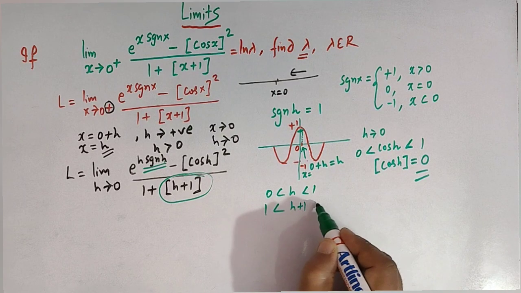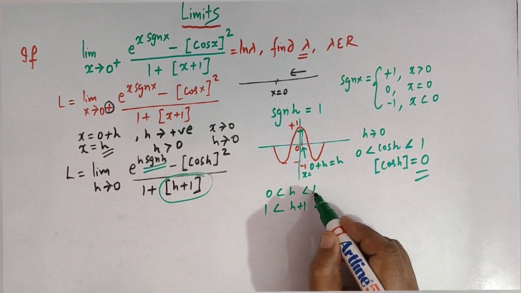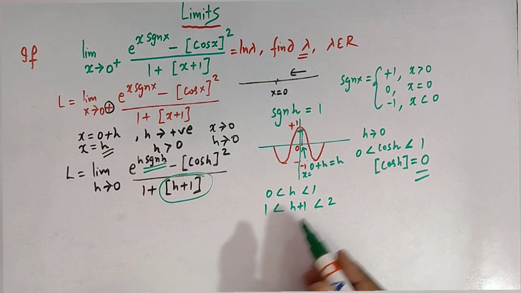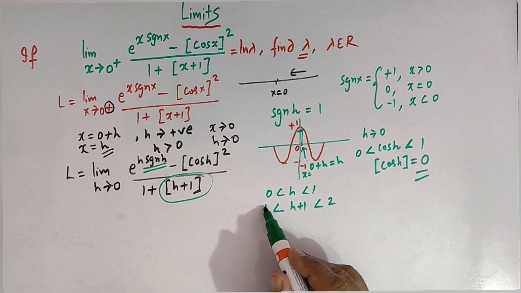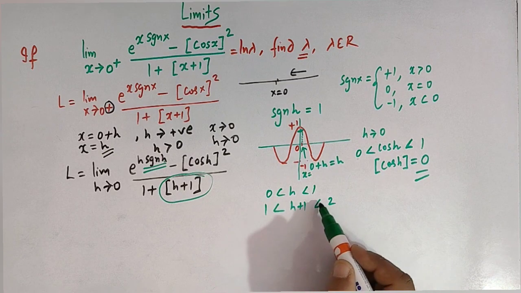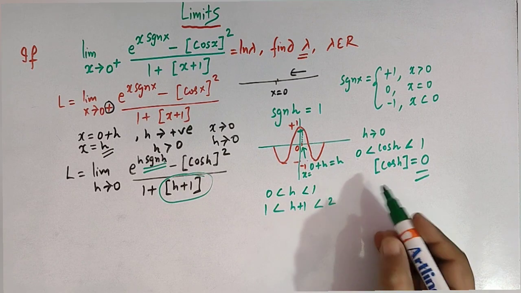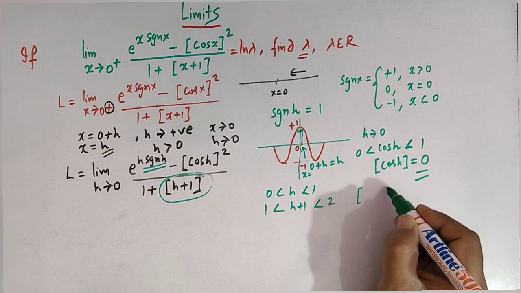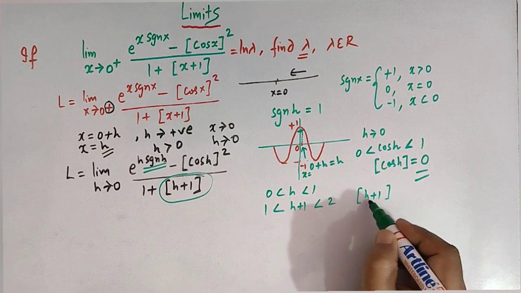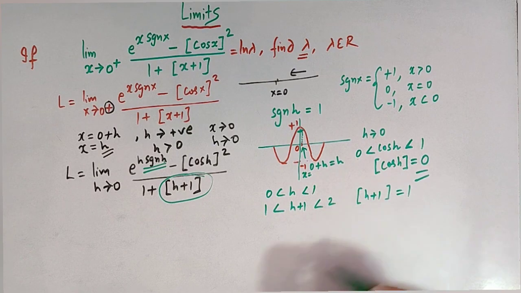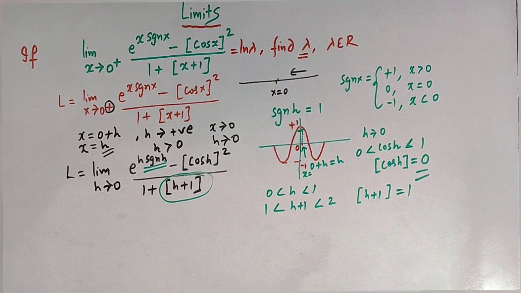Here we have h plus 1, and here we have 1 plus 1, 2. Right? So here 1 plus h or h plus 1 is slightly greater than 1, but it is less than 2. Right? So by the definition of greatest integer function, the value of greatest integer of h plus 1 must be equal to 1, right?